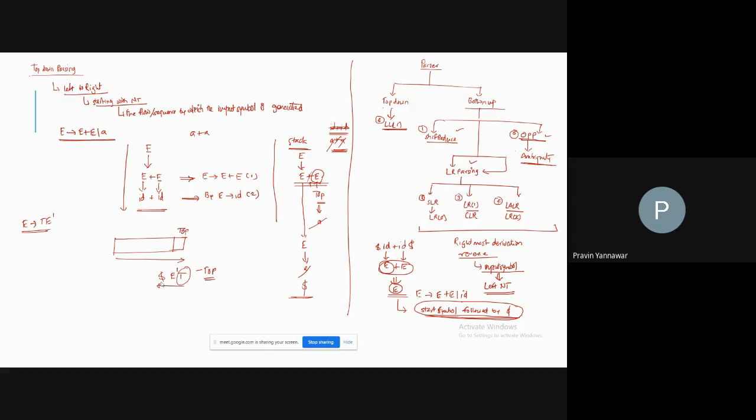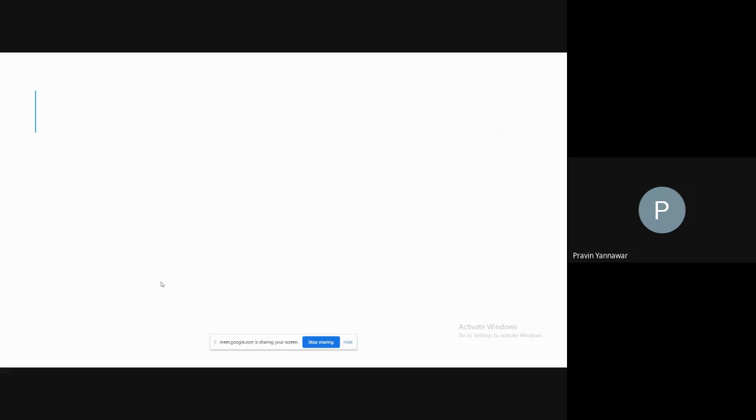Now, once you have understood how it is done, you need to go for top-down parsing and understand the key pointers. What are they?